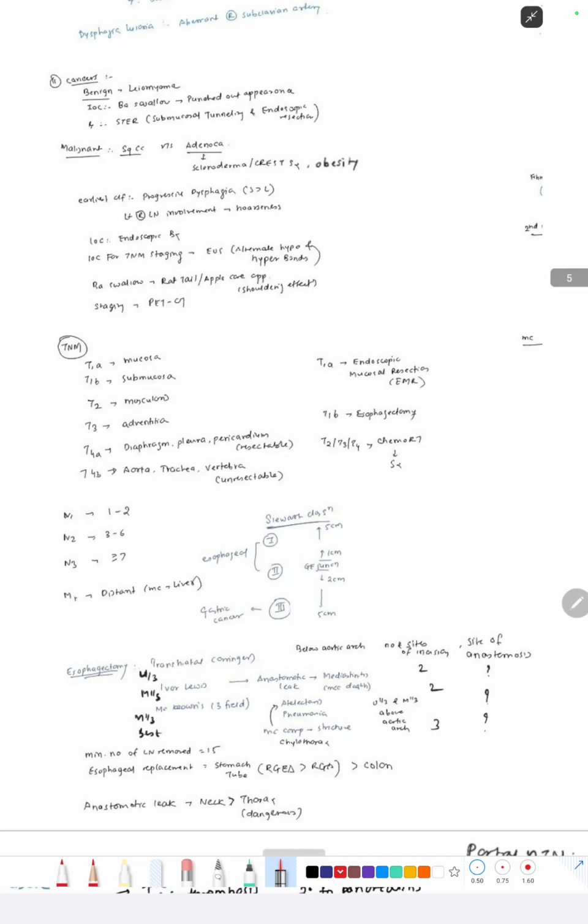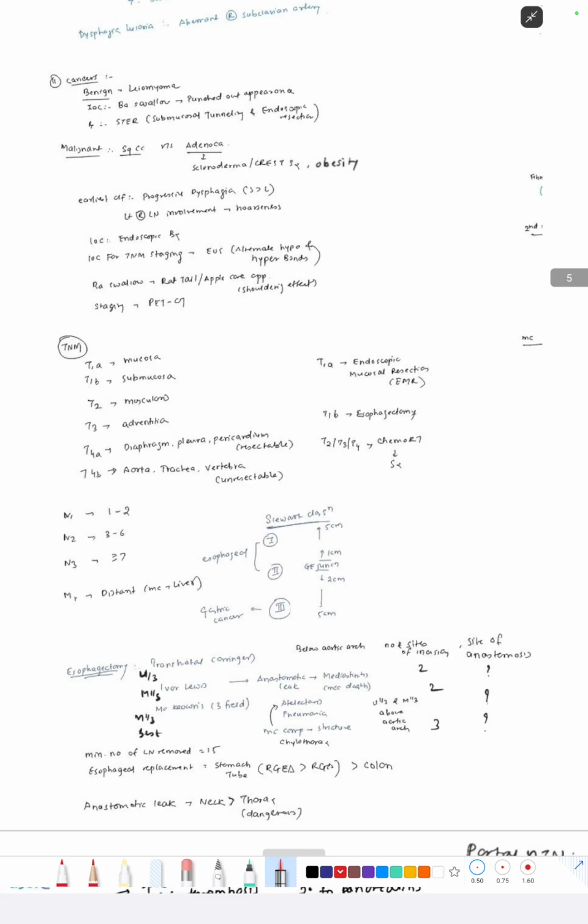There are three types. For upper one third, it is transhiatal or Orringer type. Then Ivor Lewis approach for middle one third, and for the lower one third the best is actually McKeown's three-field. Now it is based on the number of sites of incision, and which is the site of anastomosis.